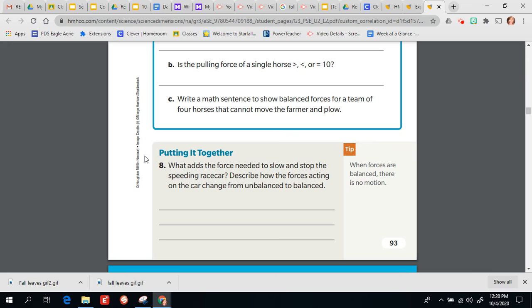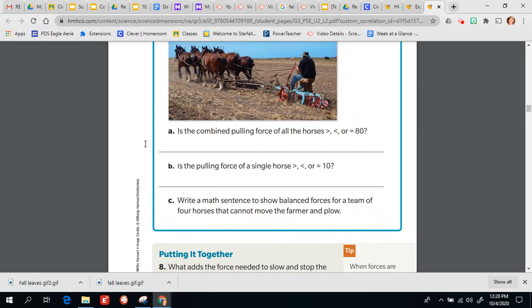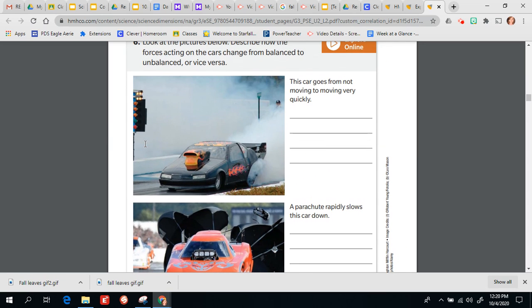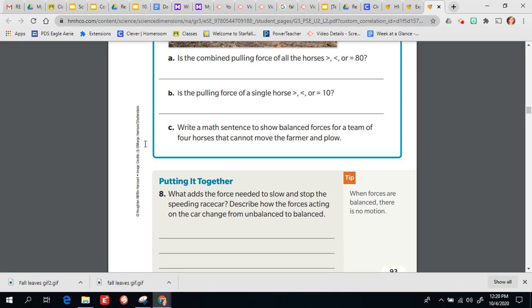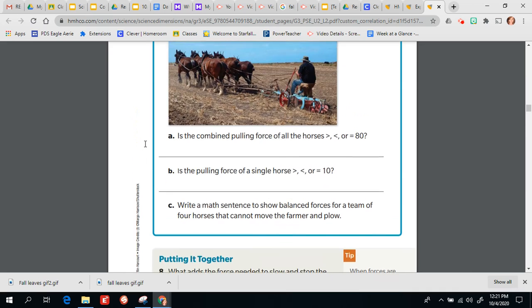And lastly, putting it together. What adds the force needed to slow and stop the speeding racer? Describe how the forces acting on the car change from unbalanced to balanced. So for number 8, we are going to look back at the race cars and think about what adds the force needed to slow and stop the speeding race car.